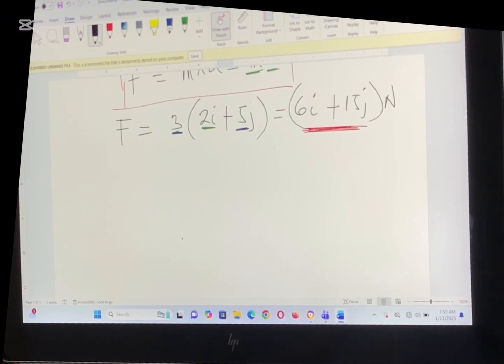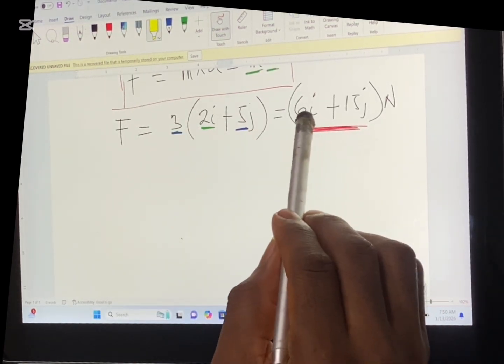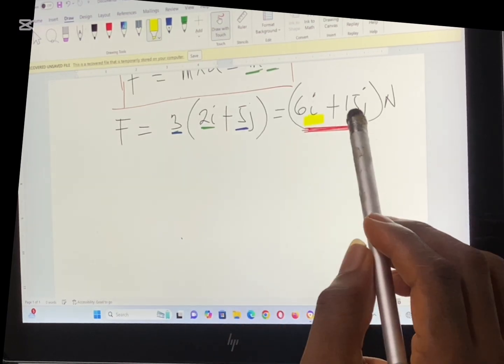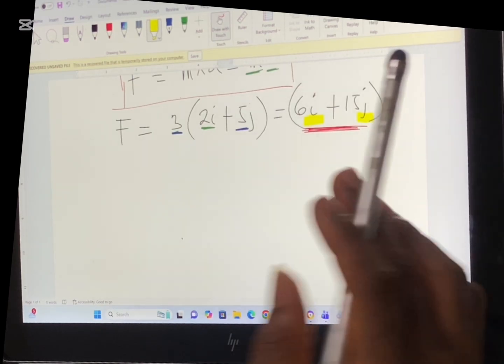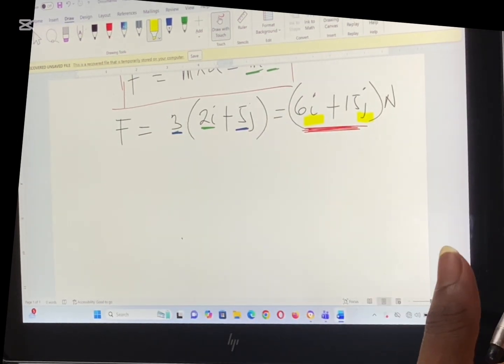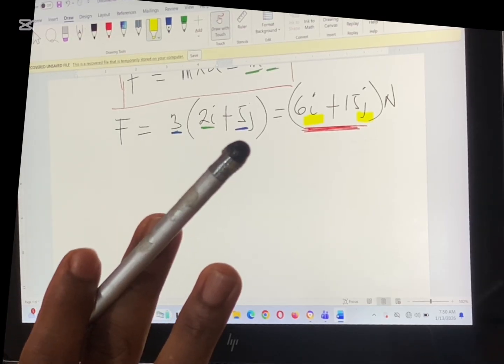So for us to find the magnitude of vectors in three dimensions, this is a vector here because the value of the i is given to us here and the value of the j is given to us here. So whenever you have ijk, we qualify that to be a vector. I'm going to explain that later, okay?